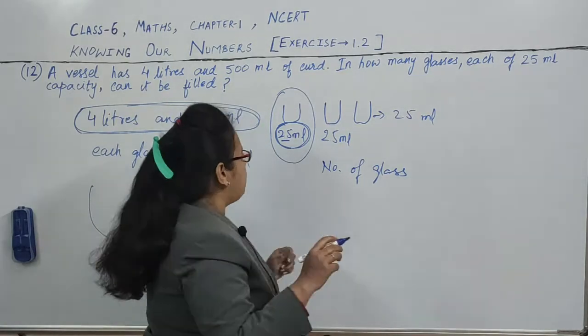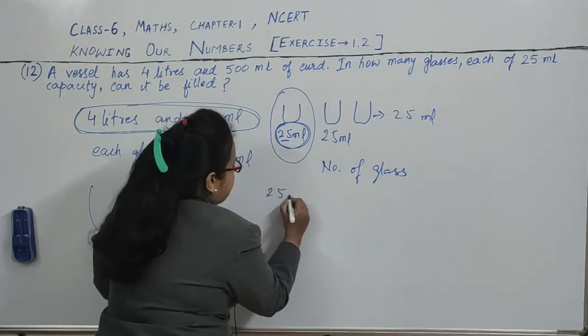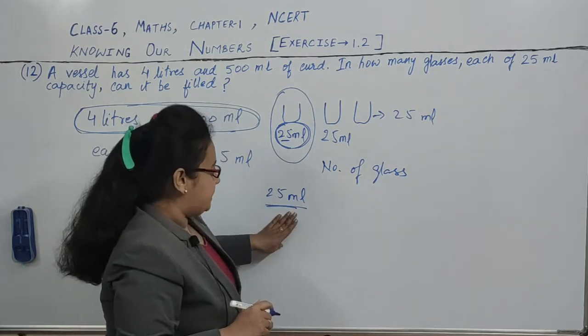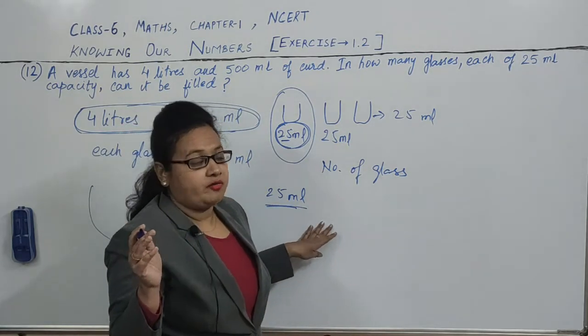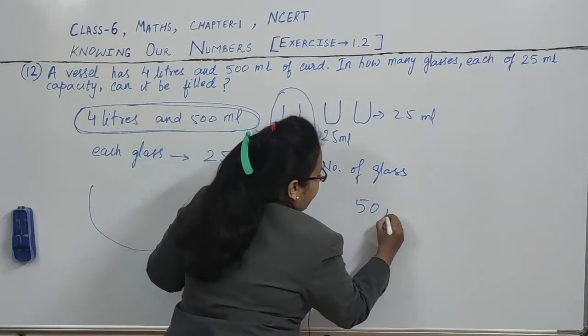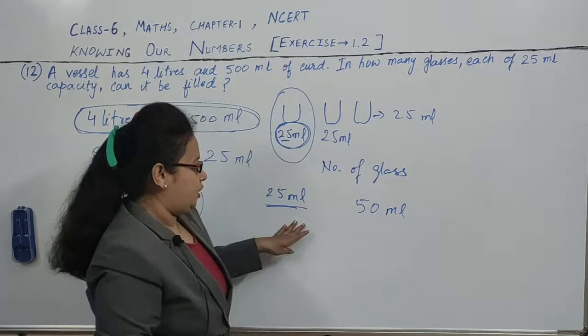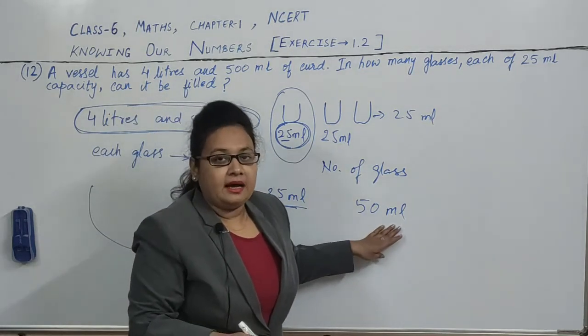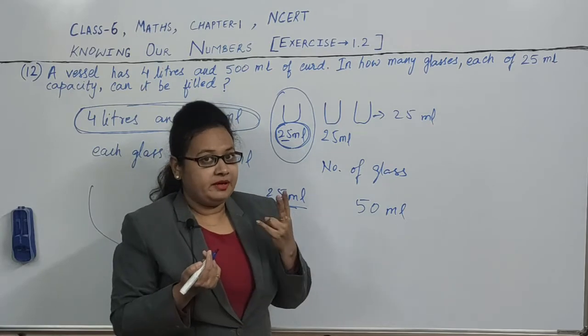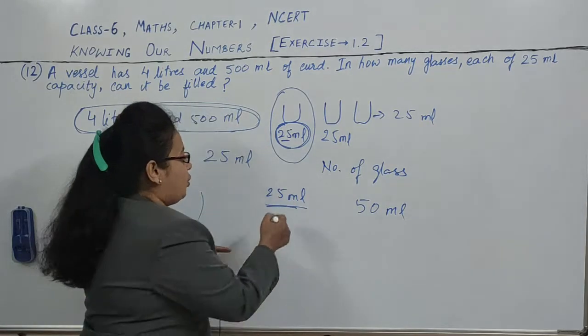Now, suppose the capacity is 25 ml, but the total amount of curd which we have to fill is 50 ml. In how many glasses will we need? We will need 2 glasses.